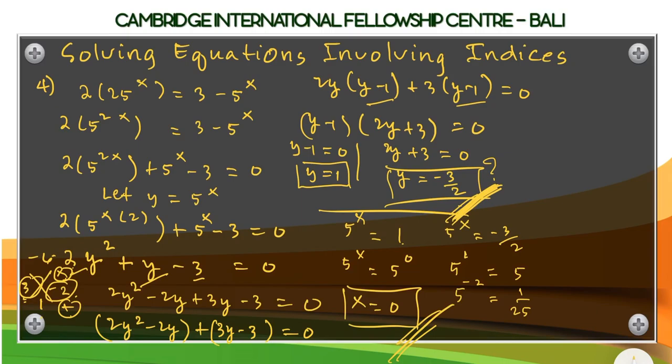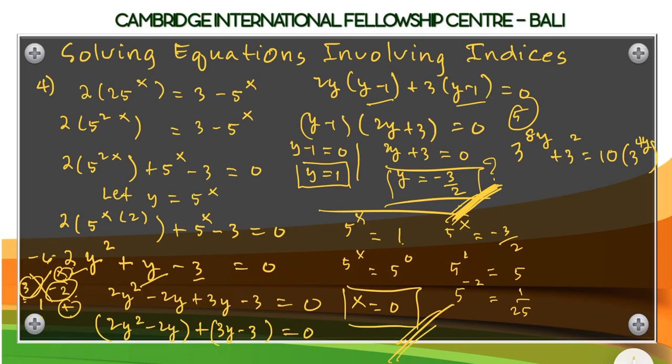I want you to do something. I'll give you something to do. The given is, solve this yourself. 3 raised to 8y plus 3 squared is equal to 10 times 3 raised to 4y.